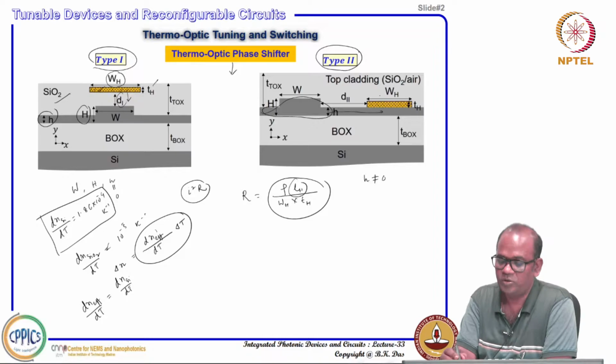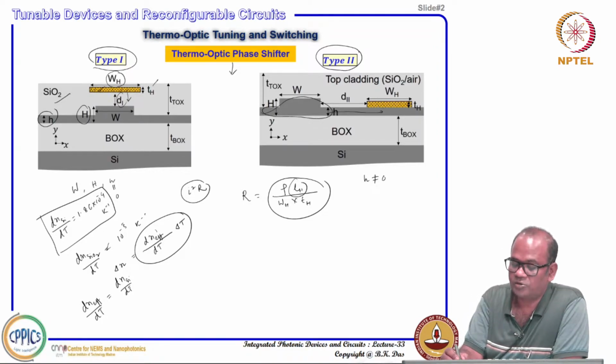So, this type of heater cross-sectional view people have also realized, and we can show that there are some pros and cons for both types of heater configuration. In this case you can have a top cladding of silicon dioxide or you can keep it bare.